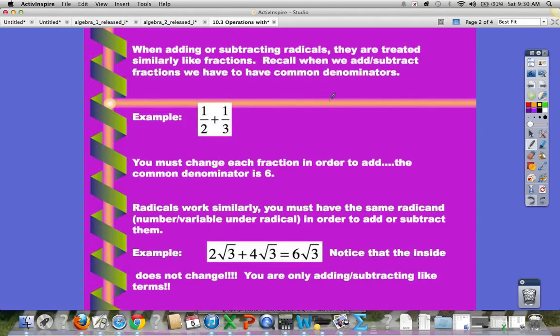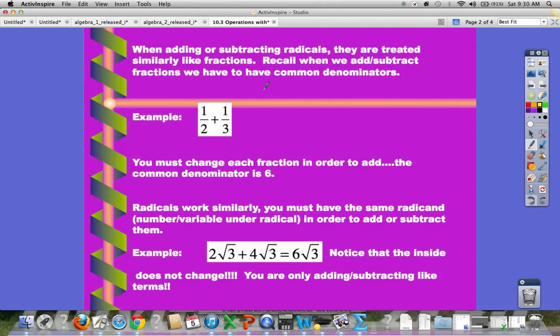So when you're adding or subtracting radicals, they're treated similarly to fractions. Remember, when you were adding fractions, you had to have common denominators. So if you were to add 1/2 plus 1/3, in order to do that, you would have to have the denominator, or the bottom numbers, be the same. And if they weren't, then you had to change them.